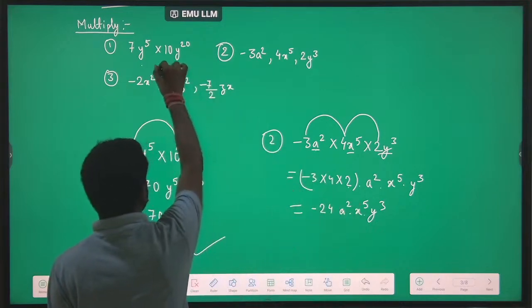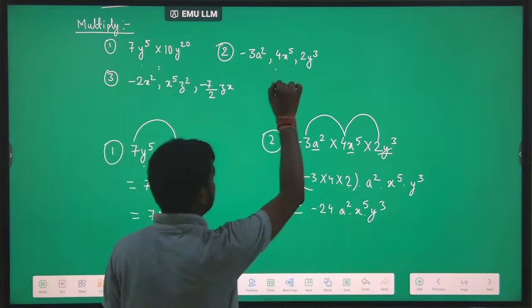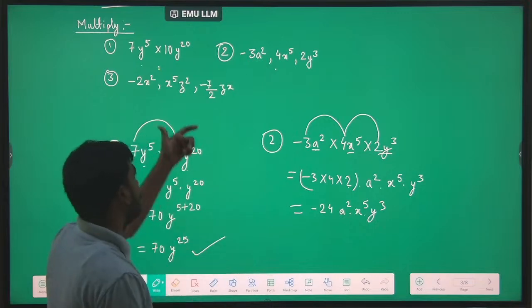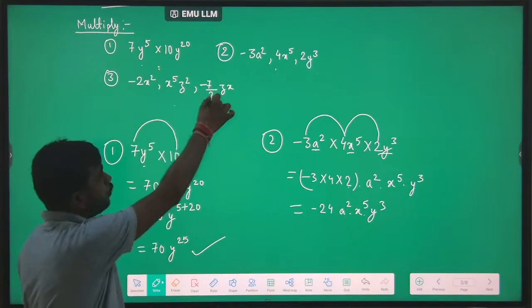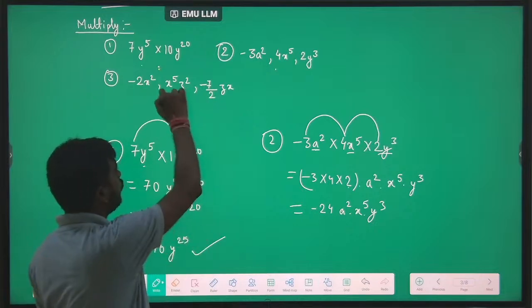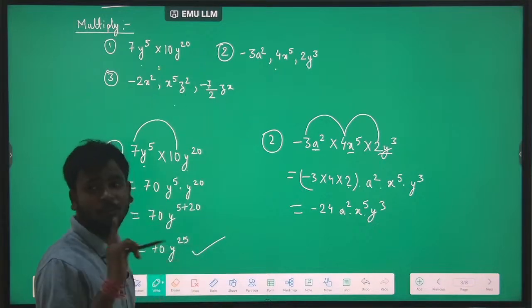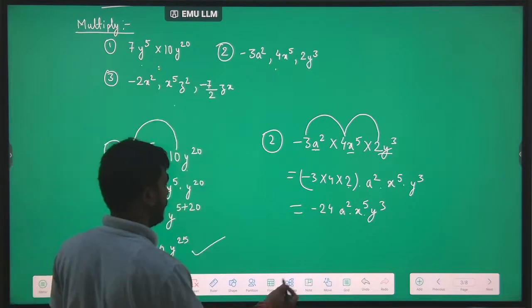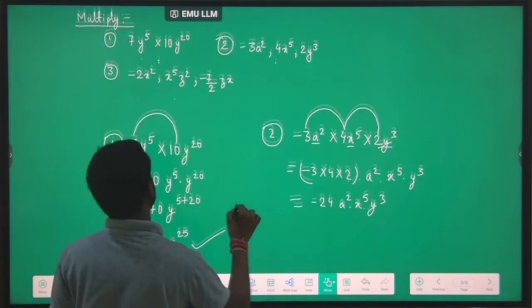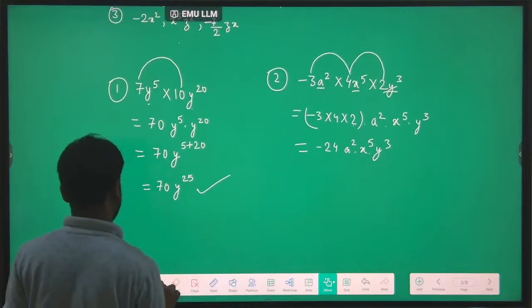so this is our first question, this is our second question which we have solved. Now we will move towards our next question. These three are also monomials. Why are these monomials? Because they have only one term. We have to multiply these three monomials. The first monomial is minus 2x square.